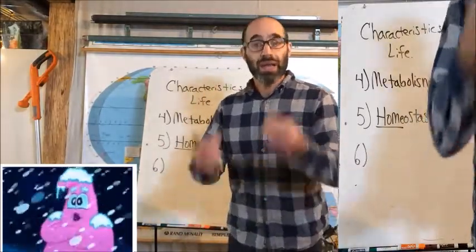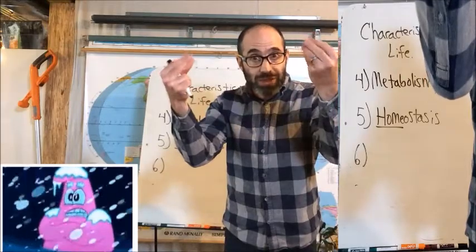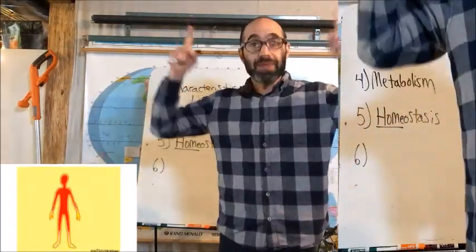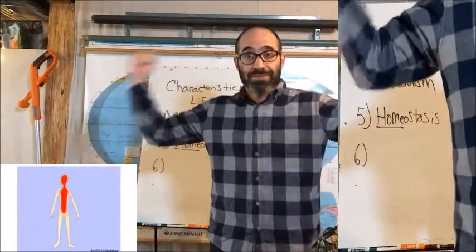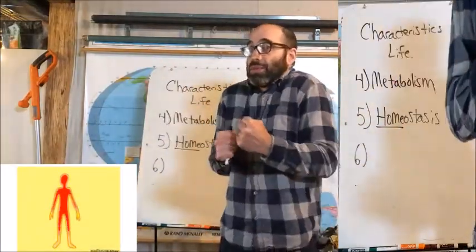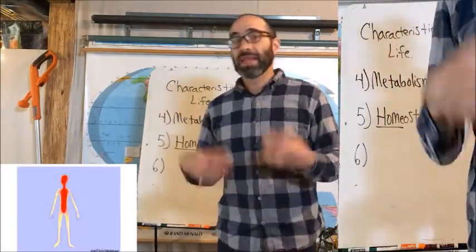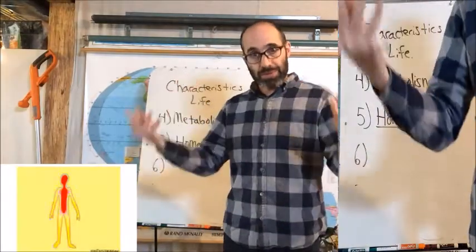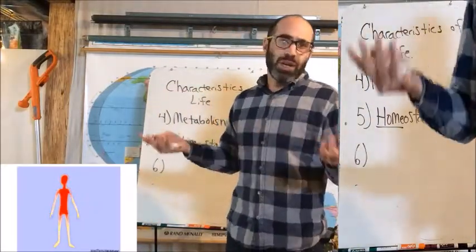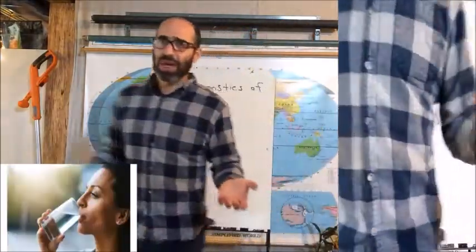Shivering is very, very quick muscle movement. And when you work your muscles, you get warm, right? You get hotter when you exercise. Shivering increases your body temperature because your muscles are moving around really fast. That's homeostasis. But feeling thirsty is another example of homeostasis.